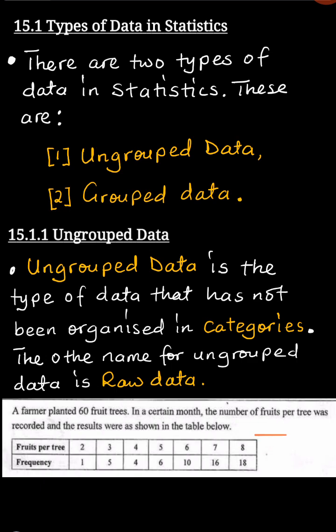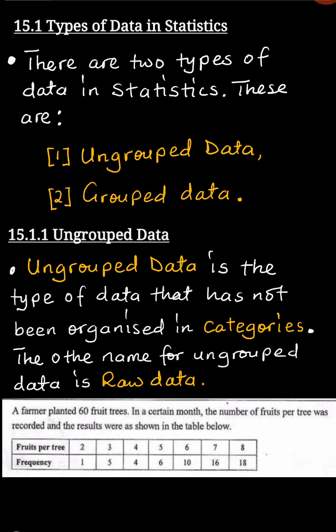In this question, the Examinations Council of Zambia said a farmer planted 60 fruit trees. In a certain month, the number of fruits per tree was recorded and the results were as shown in the table below.